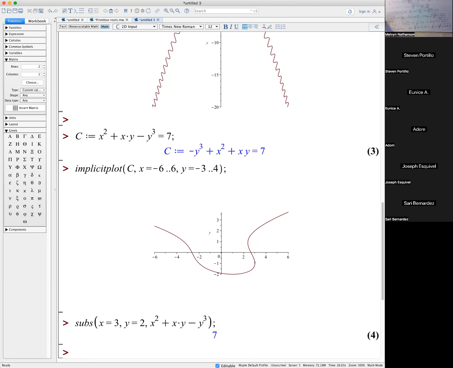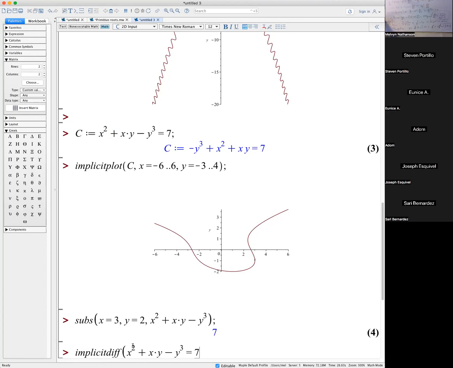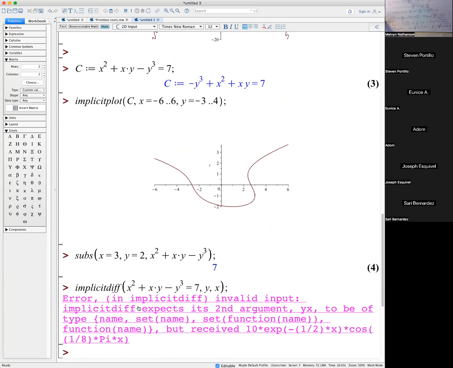What's the derivative of this? Let me see. Let's try something. Implicit diff. Let's try it like this, see what happens.